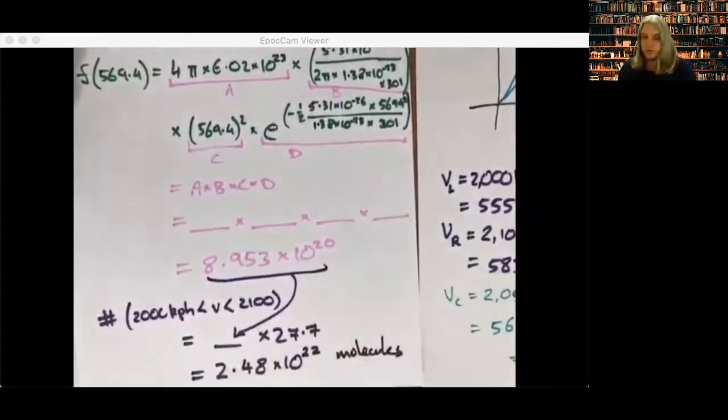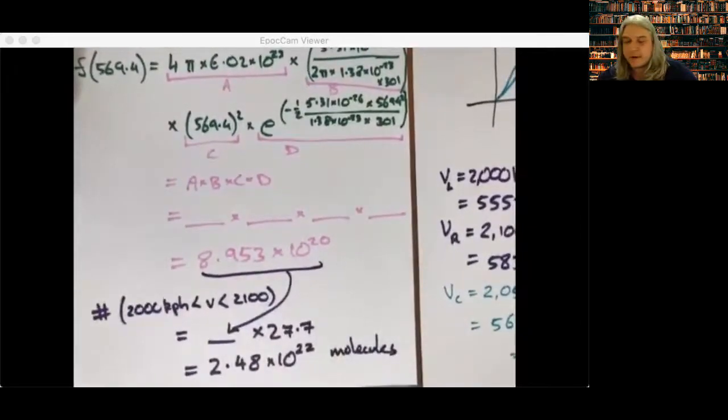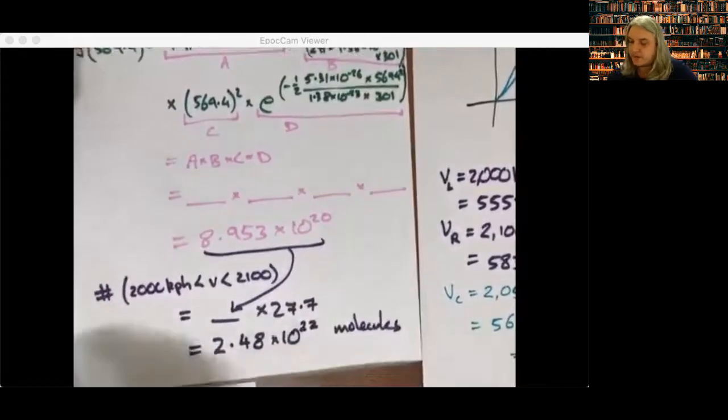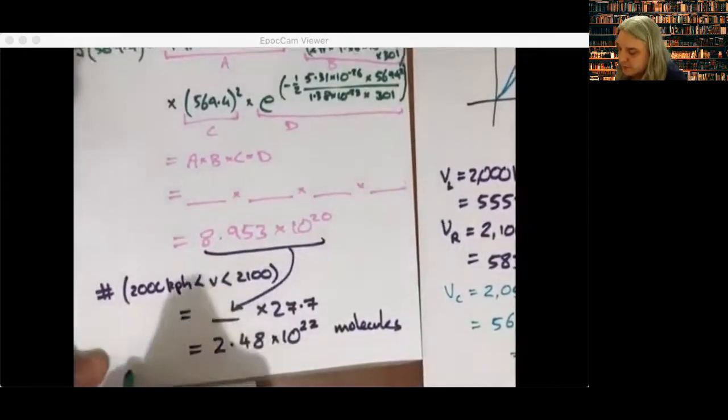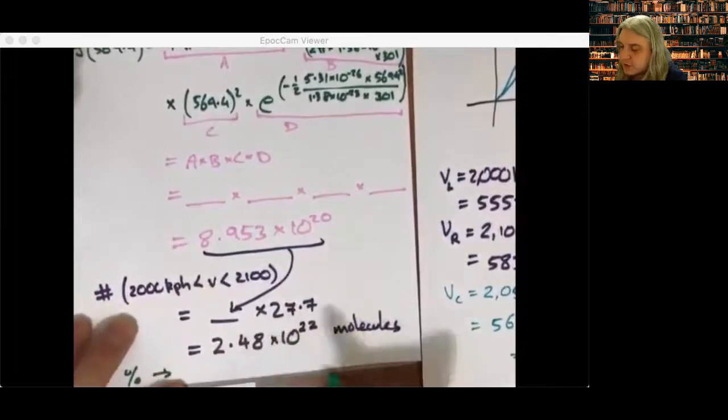So for oxygen molecules, between 2,000 and 2,100 kilometers an hour, there are 2.48 times 10 to the 22 molecules, given we had 1 mole of gas to start with. So that's the first part and hardest part of the question. The next one is just to show this as a percentage, and that as a percentage is just going to be this divided by the number of molecules, which is 1 mole.